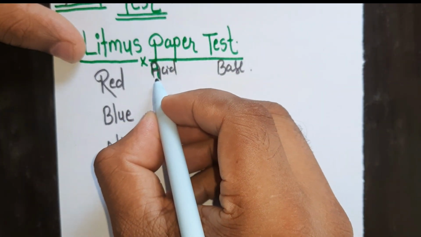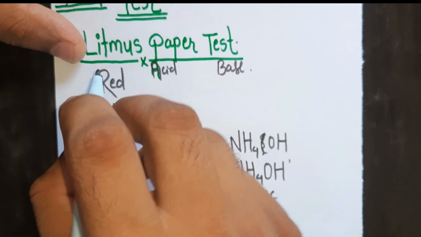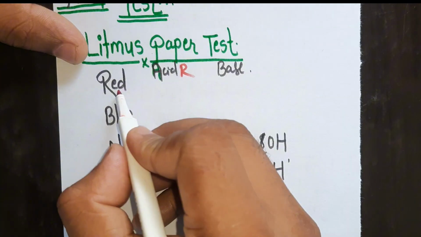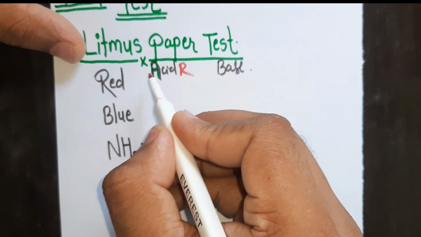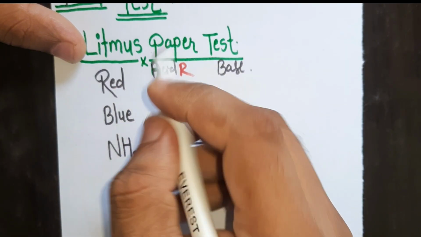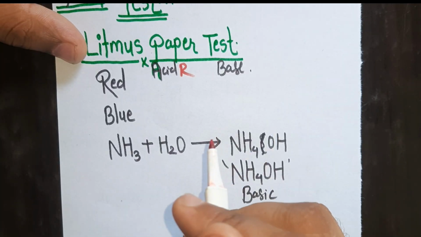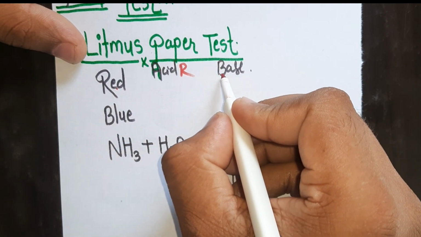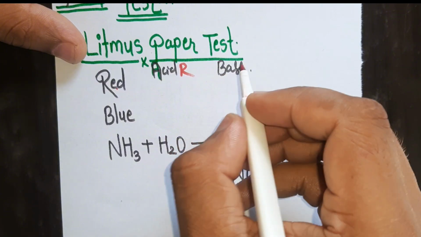We already discussed that acid is very dangerous. So the danger sign is always given by red. With whatever litmus paper you test an acid, it will always change into red color. And whenever you put red litmus paper or blue litmus paper into a basic solution, it will always be converted into blue.